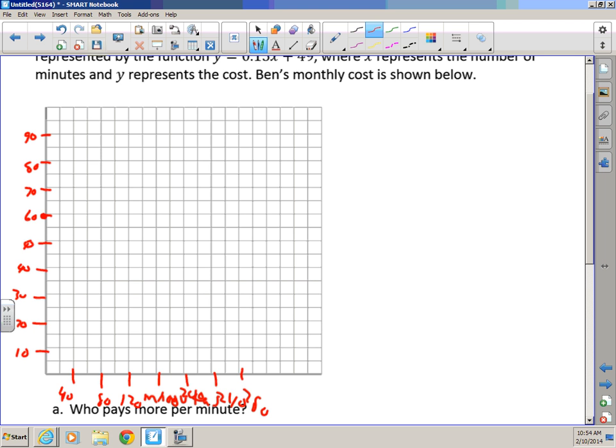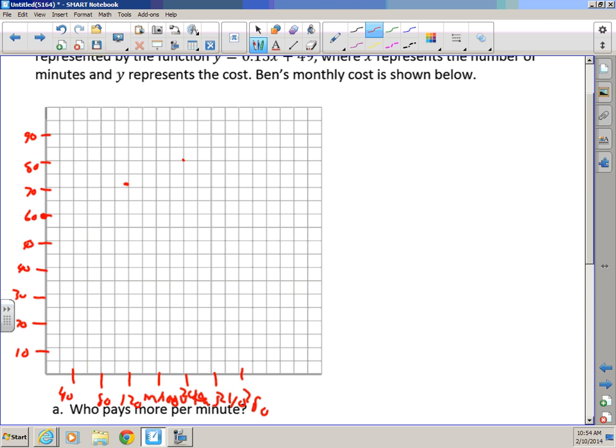So Ben, I'm going to plot 4 points at 120, above here, and at 200, he is right at 80. Got that right. It's 120, 160, 200 right here.